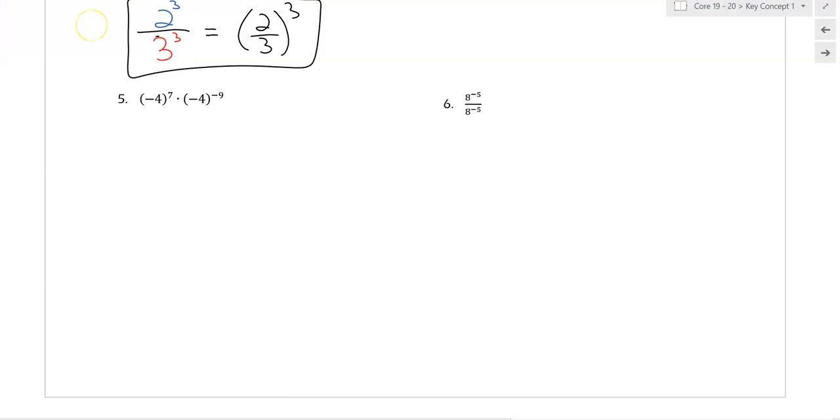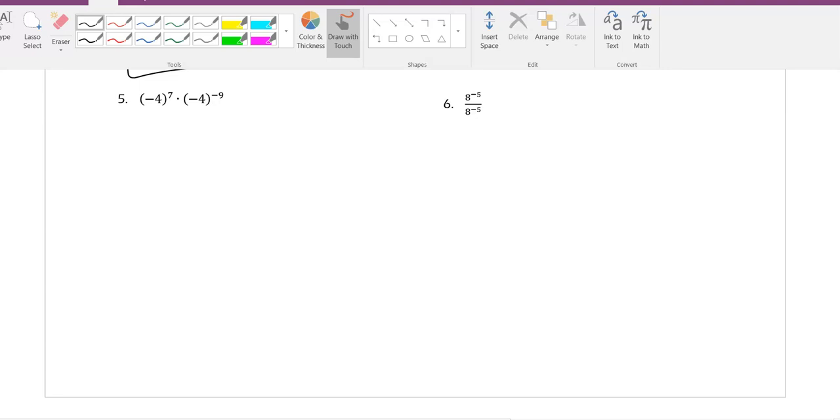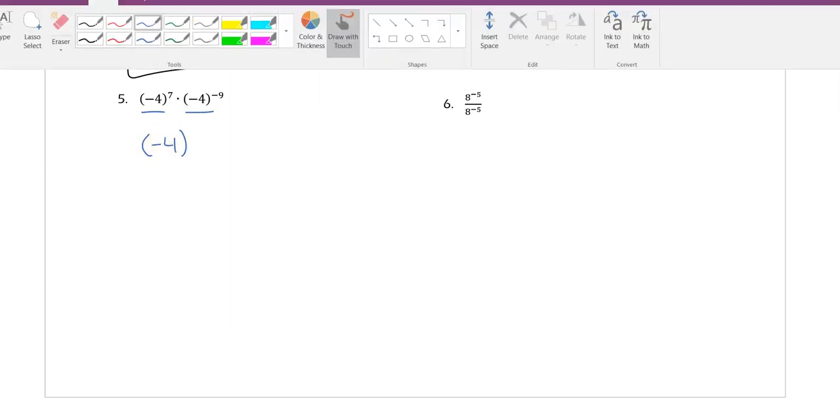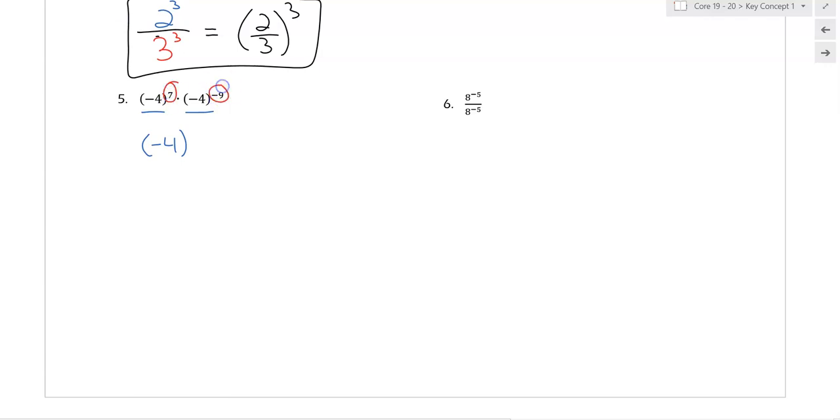Looking at number 5, negative 4 to the 7th times negative 4 to the negative 9th. I'm multiplying here. We're going to do what we did in our last activity, 1A.3. When we multiply, we keep that negative 4 and add our exponents. So now I have negative 4 to the negative 2.